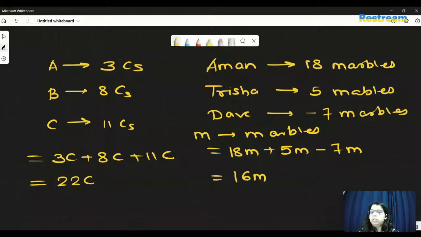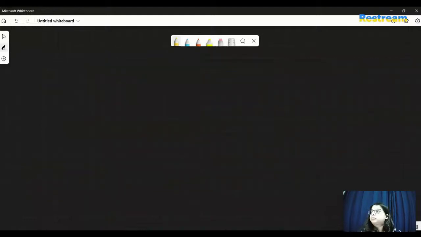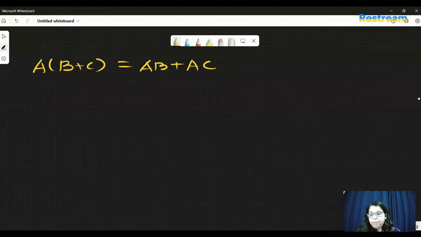Now we know the rules in algebra, right? So, you know the distributive law. The distributive law says that a into bracket b plus c is equal to ab plus ac.